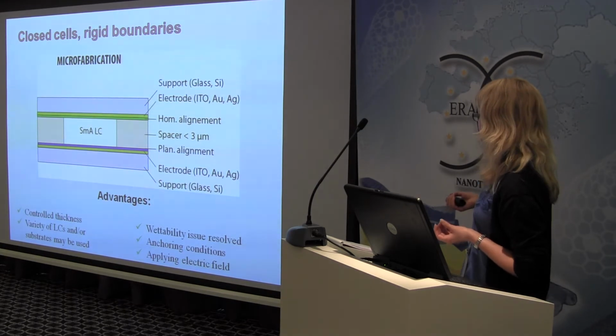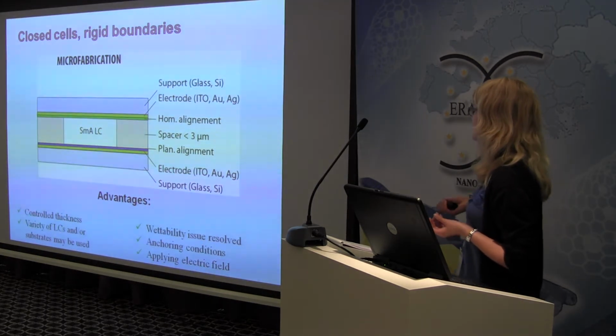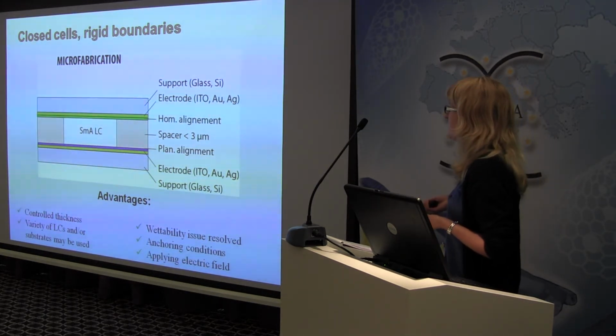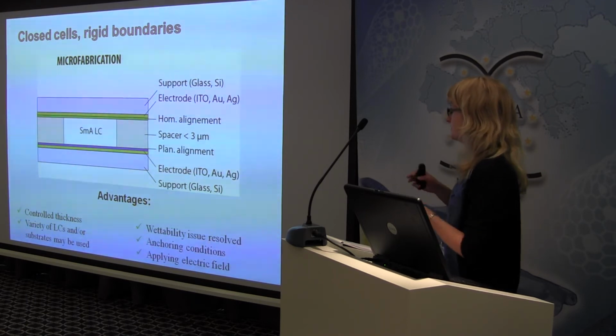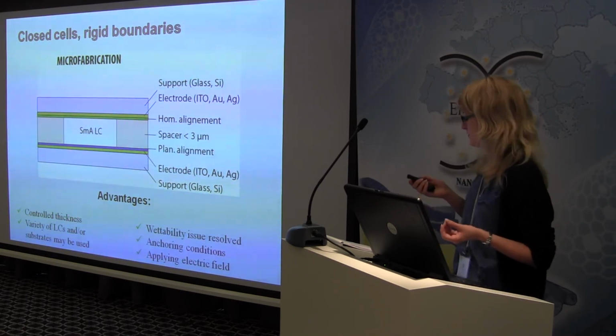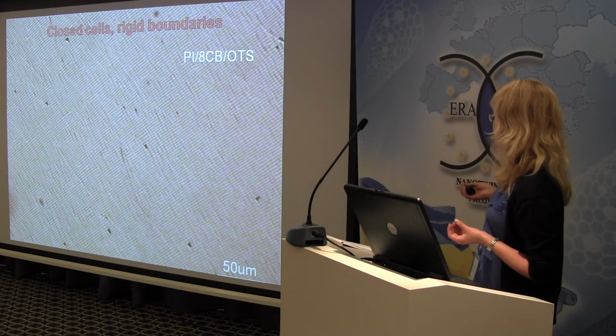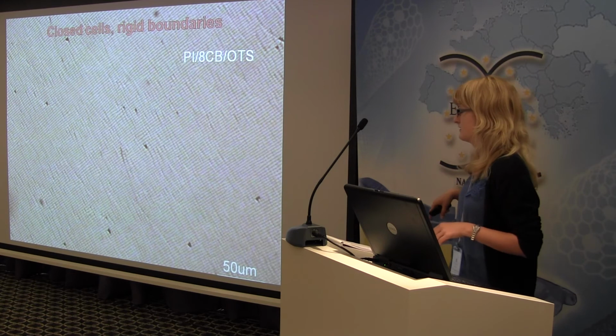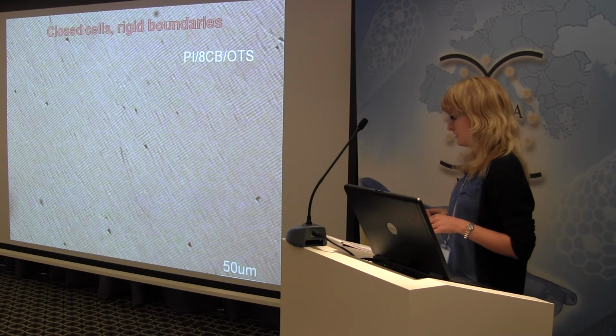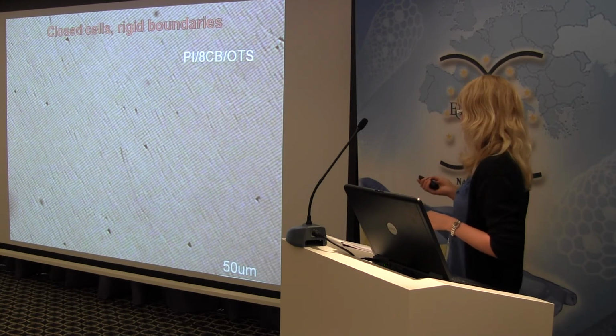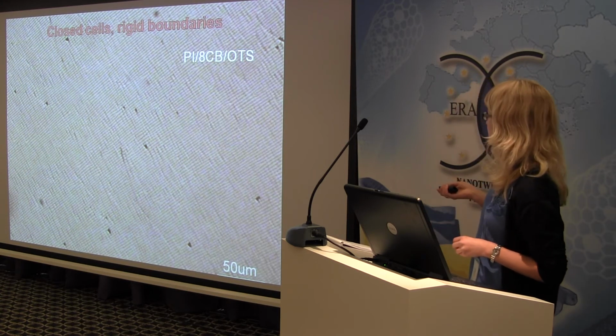There is another very good advantage: in such a system we can apply an electric field just by covering the surfaces with some ITO coating. So the same very nice structures, even over a larger scale than for thin films and droplets, we observed for closed cells.